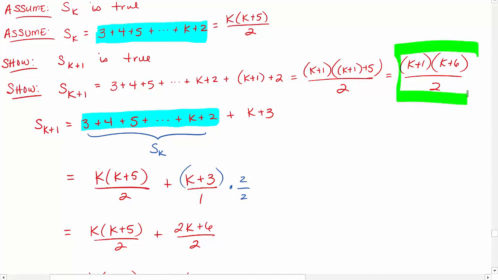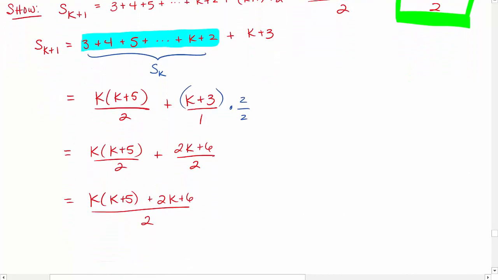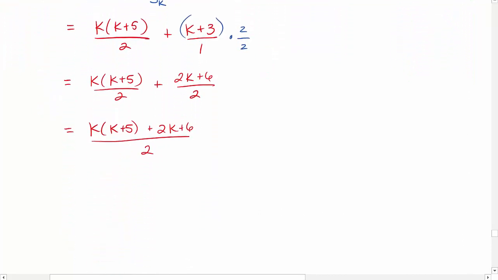I already have the 2 on the bottom, but the numerator certainly does not look the same. So we're going to multiply this out, combine like terms, and factor it, and hopefully we get that k plus 1 times k plus 6 over 2. If we don't, then the statement is not true.